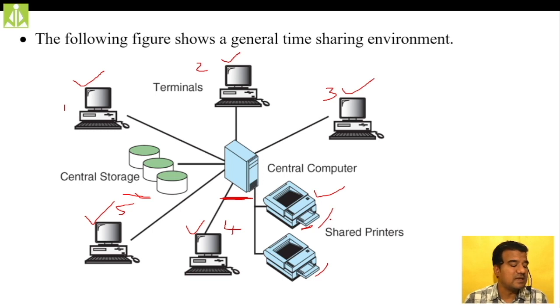In the same manner, if any one of the terminals is using this printer and the others want to use it, they simply have to wait until the terminal that came first completes its job and makes the printer vacant. So how is this printer utilized between these terminals? Depending on the time only, isn't it?